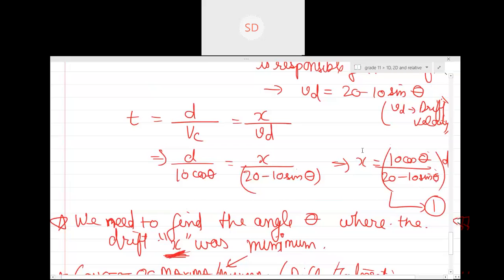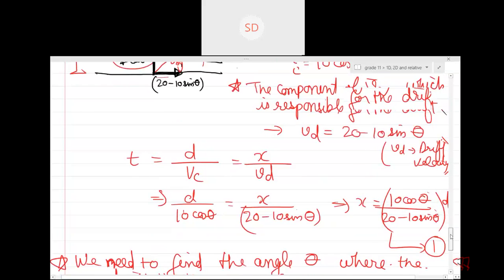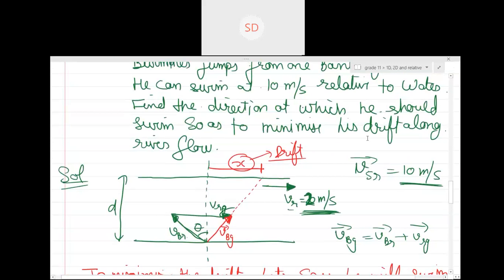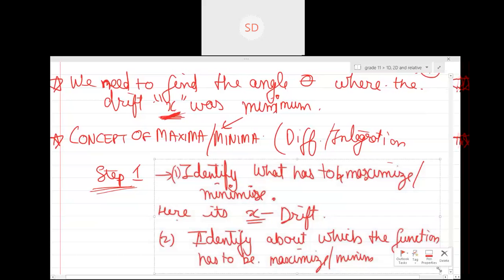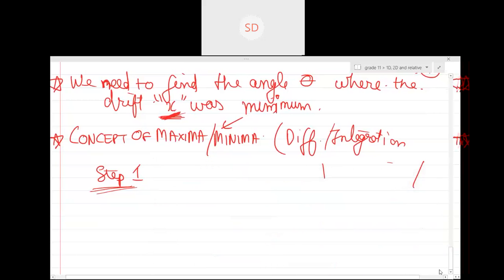x will change. So basically, you got a function of the drift, represented by x, as a function of this theta. Now the question has asked, we need to find the value of that theta for which x is minimum or maximum. So step one is basically to identify. मैं पूरा एक साथ लिख देता हूँ step one.